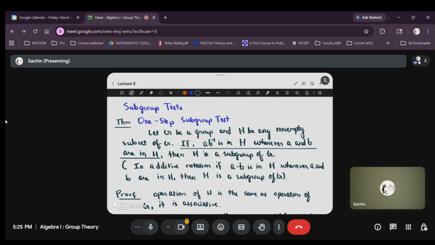How do we show closure? If X and Y are in H, how do you show that XY is in H? X times Y is in H.